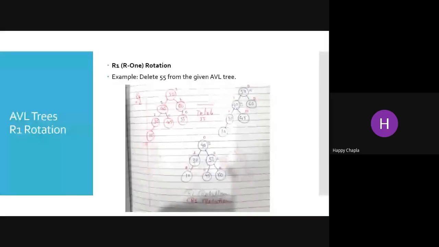Okay. So in this AVL tree, we are trying to delete the 55.